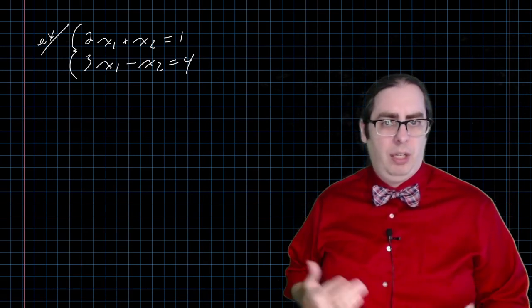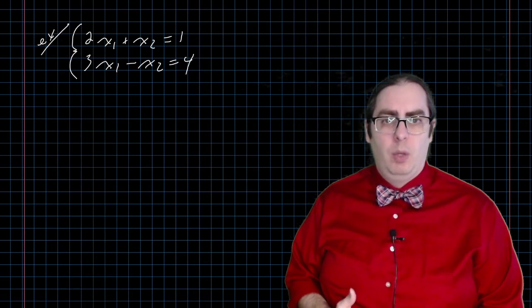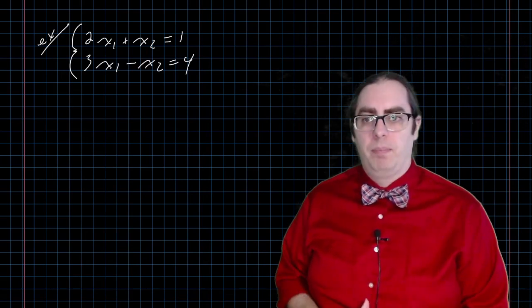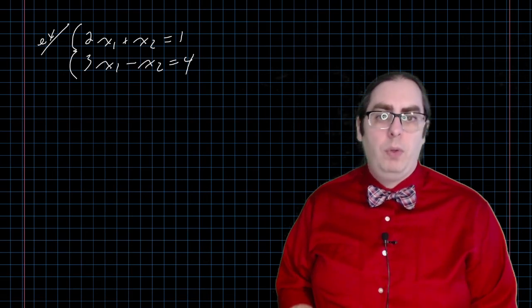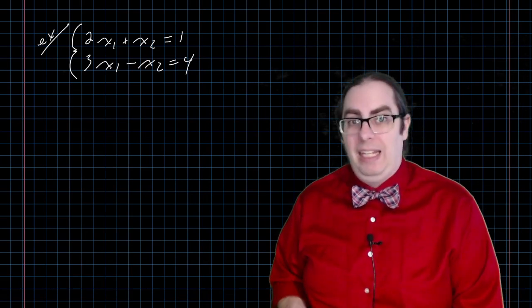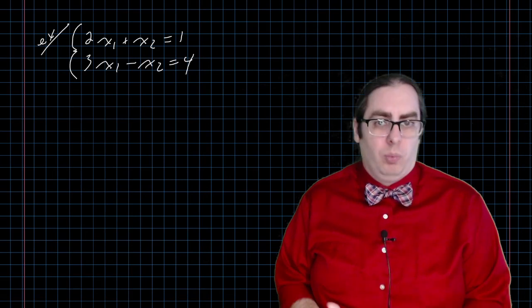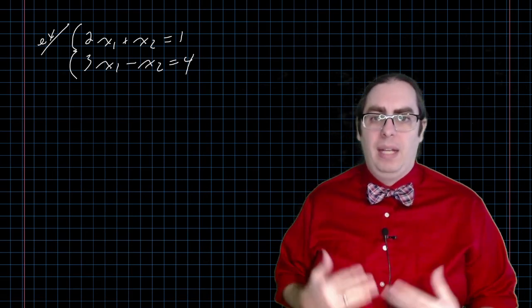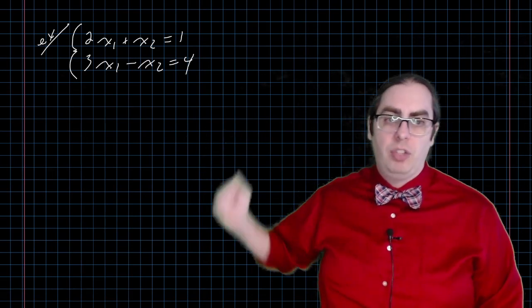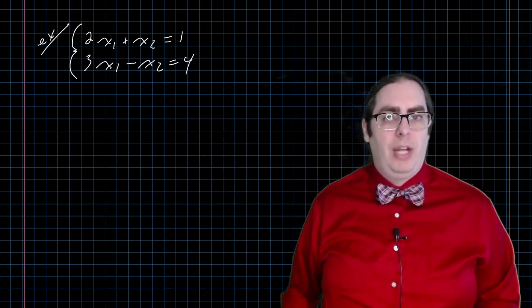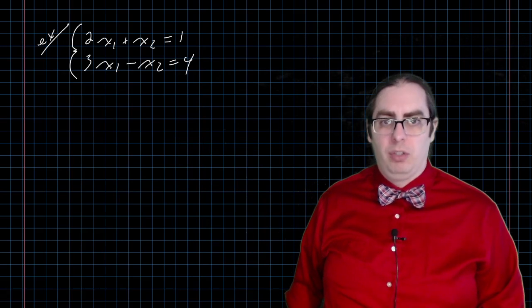And you start to get a little bit confused about that. What if we had a really big system? There are only 26 letters in the English alphabet. What if you have a system that has 28 variables? You run out of letters. And so thinking about this using x as our variable and just subscripting it will allow us to build out our system as far as we need to.